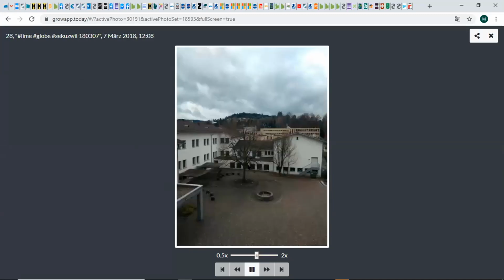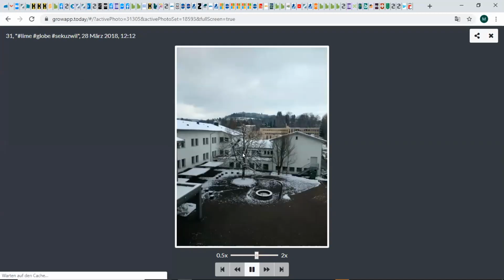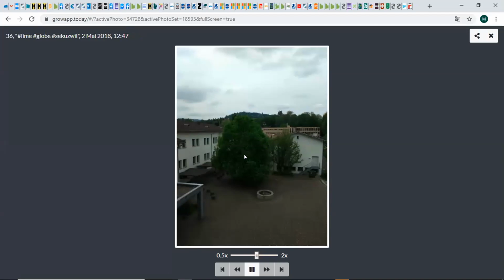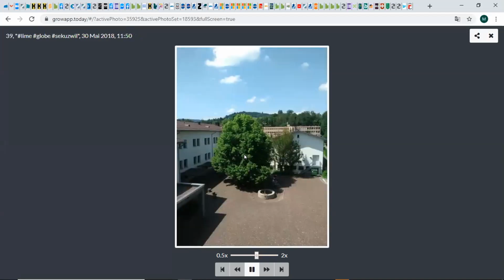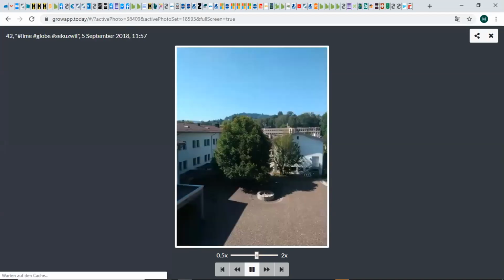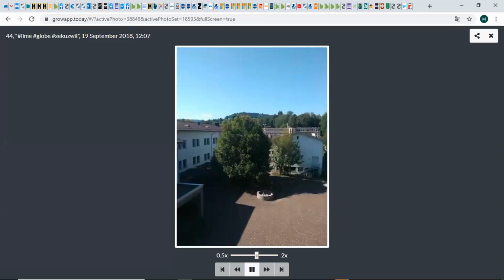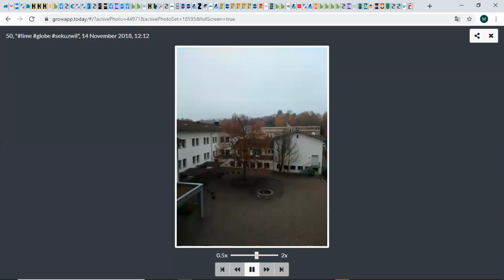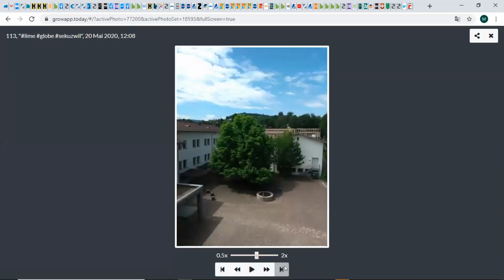And it's interesting in spring when the tree gets green again, which now happens within 2 or 3 weeks. And the last picture, I don't know whether I can jump to. The last picture is from today, I think. Yes, it is from today.